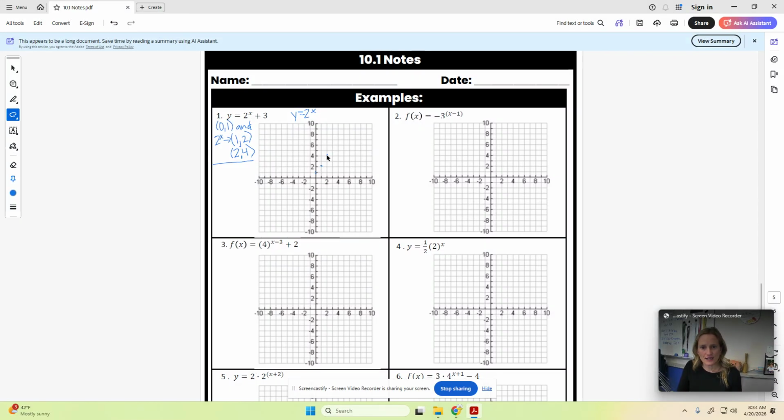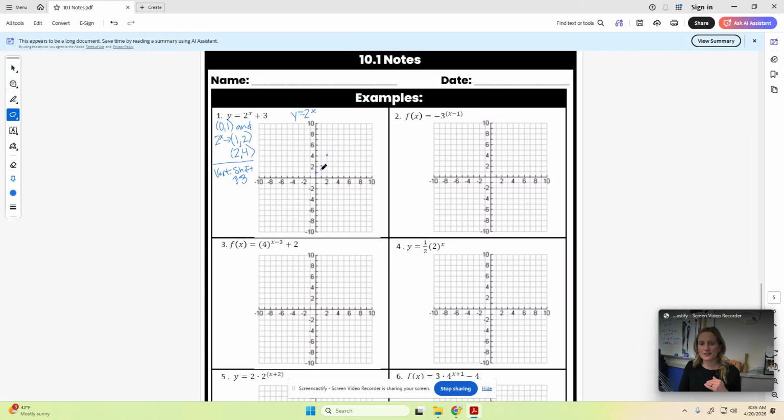And I'm going to think about the transformations that are happening and how those are going to affect those 3 points. The only transformation in this function is a translation, or a vertical shift, where my graph is going up 3. So each of these 3 points is going up 3.